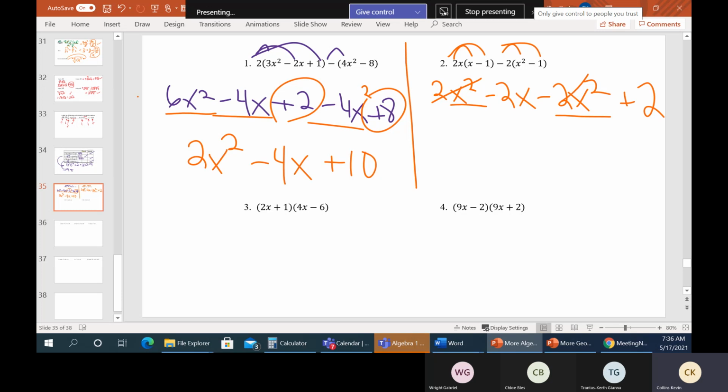That's a beautiful thing, right? So we're just left with minus 2x and plus 2. Cool. All right, so 3 and 4 are just FOIL problems. So go ahead and take a second, walk through those, and then we'll go over them.